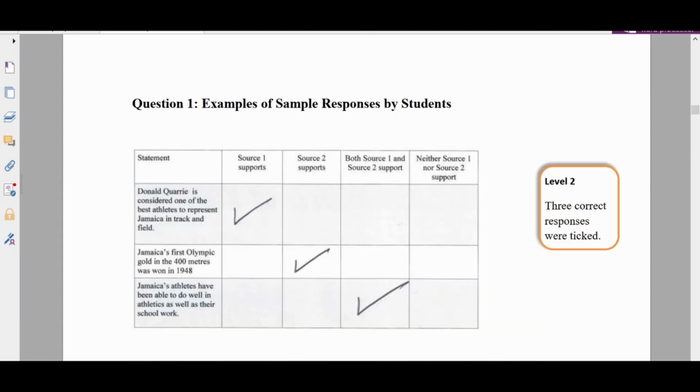So we jump back now, and it says here, last one, Jamaica's athletes have been able to do well in athletics as well as their school work.